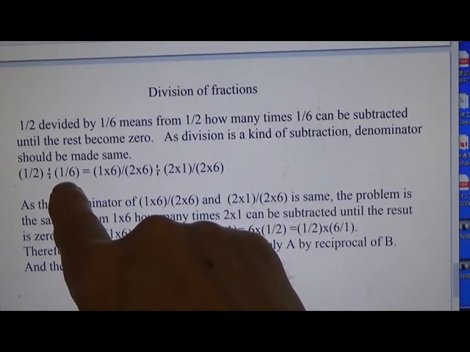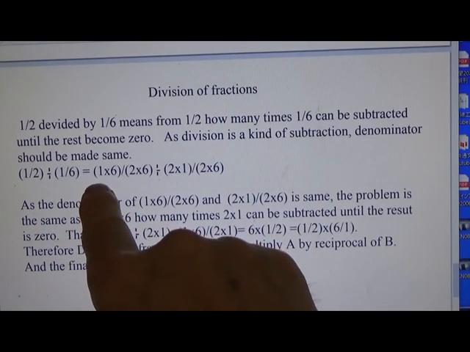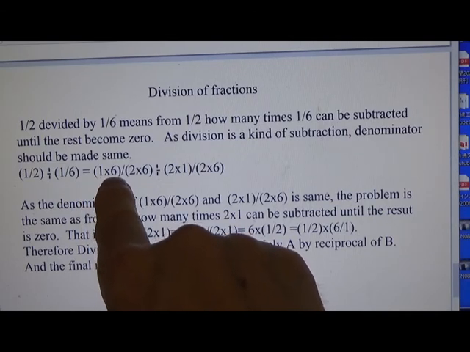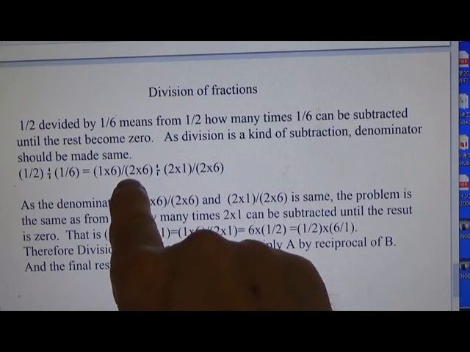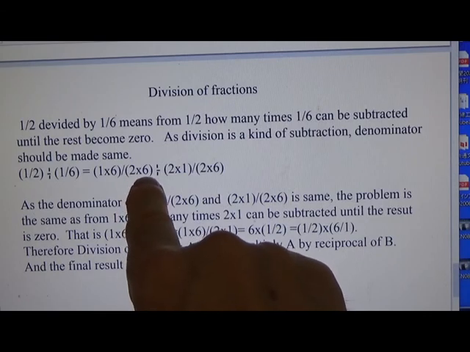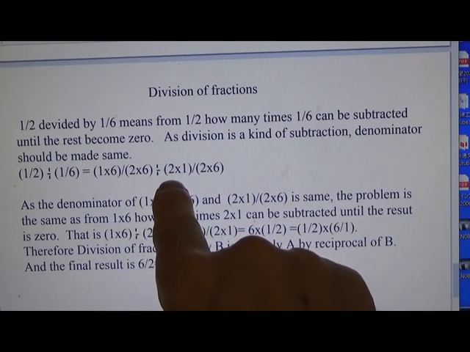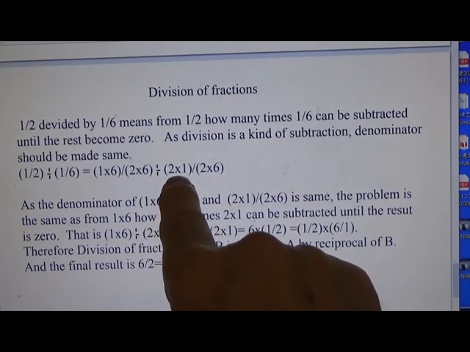1/2 divided by 1/6 is 1 multiplied by 6 divided by 2 multiplied by 6, divided by 1 multiplied by 2 divided by 6 multiplied by 2. The denominators become the same, 2 multiplied by 6.